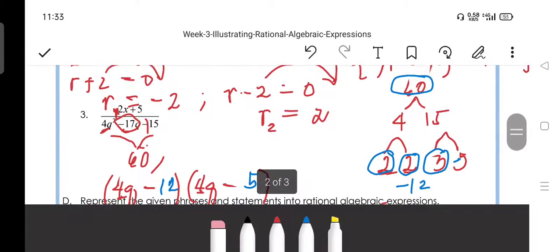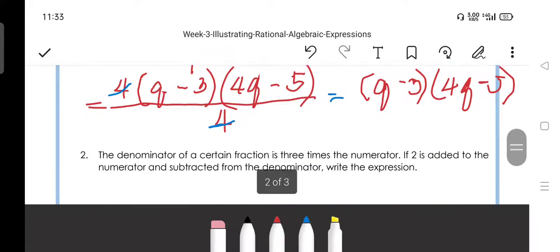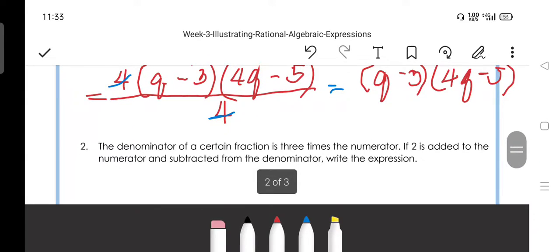So q minus 3 and 4q minus 5. And then what we're going to do is equate these factors to 0.